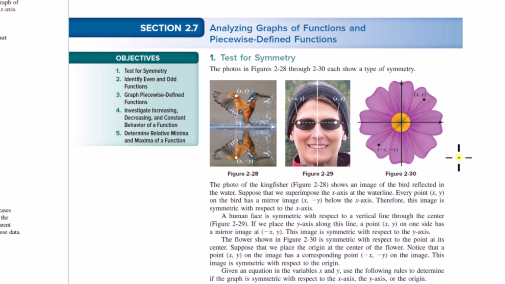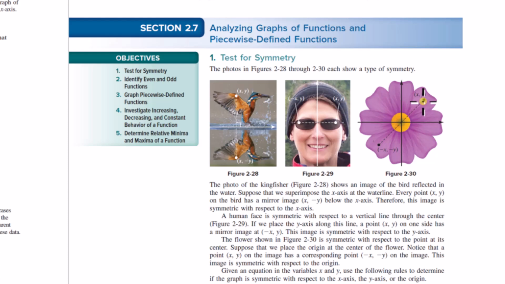I'm going to verify that, but if there's a mathematician, leave a comment. However, again, what I'm not saying is that if an equation is symmetric with respect to the origin, that means it must be symmetric with respect to the x and y axis. I'm not saying that. I'm saying if it is symmetric with respect to both the x and the y axis, then it also must be symmetric with respect to the origin. Why? Because I just showed you.